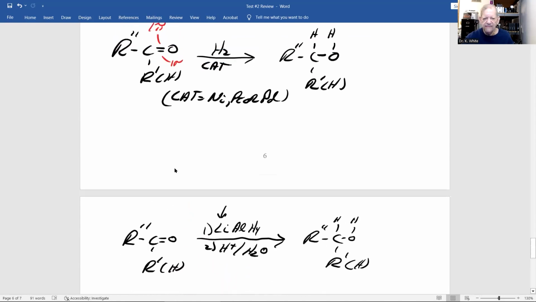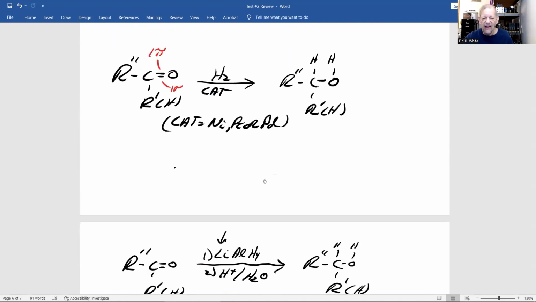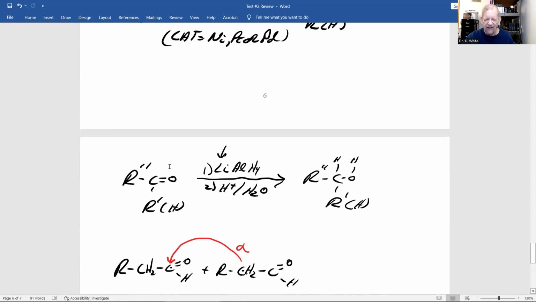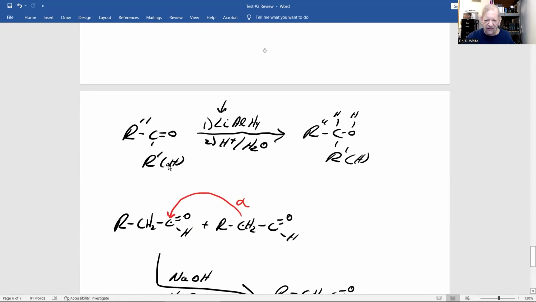Hydrogenation up here would also attack a carbon-carbon double bond if it was in the molecule. In my class, you don't see that. But lithium aluminum hydride will only attack carbonyl groups, carbon-oxygen double bonds. First step LiAlH4, second step acid and water, but you get the same thing.